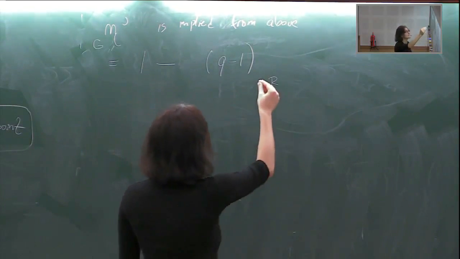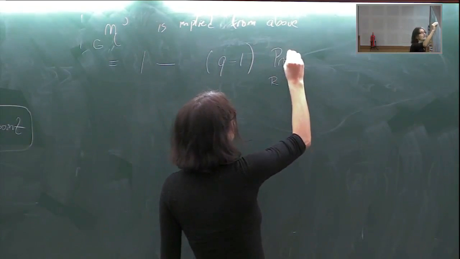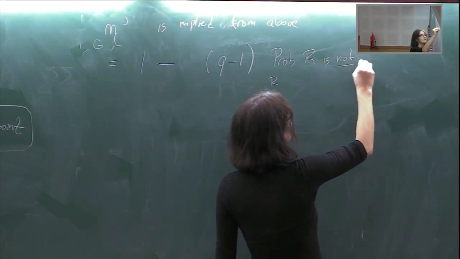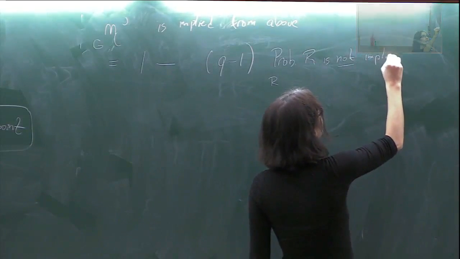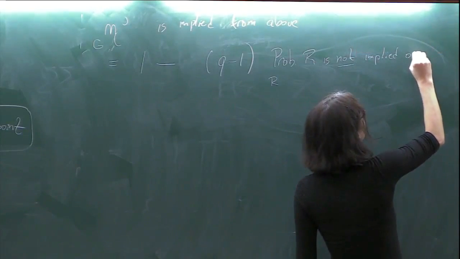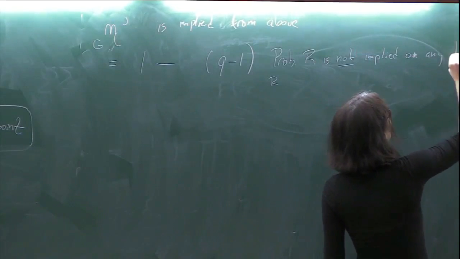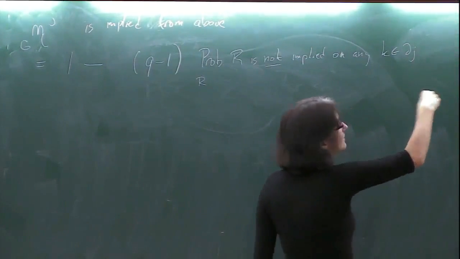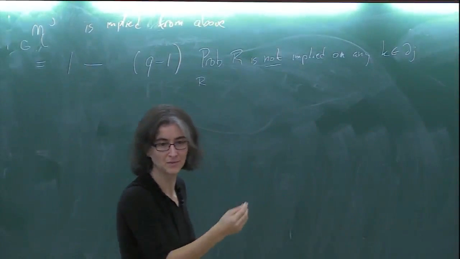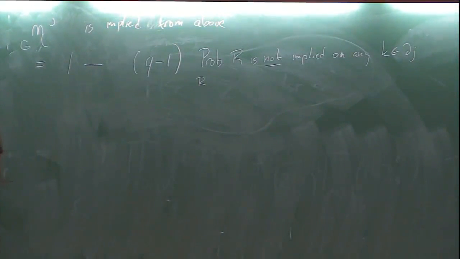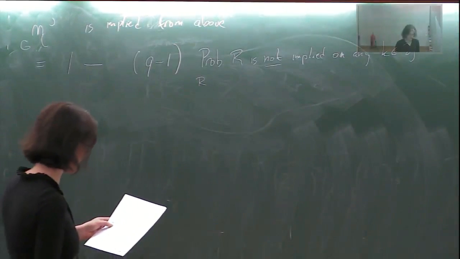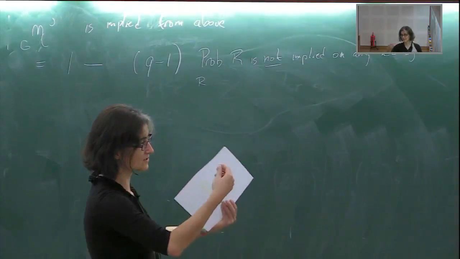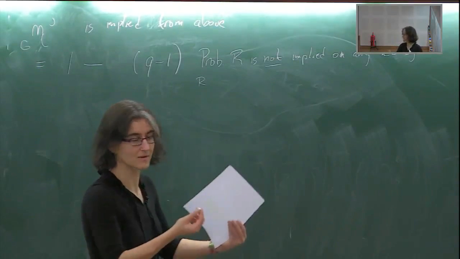So now we want to write the probability that red is not implied on any of the k that are neighbors of the j. And here I'm not removing the I because it's the root. It doesn't really matter here too much. And what is the probability that it is not implied? Well, the way we constructed things is that the branches were independent.